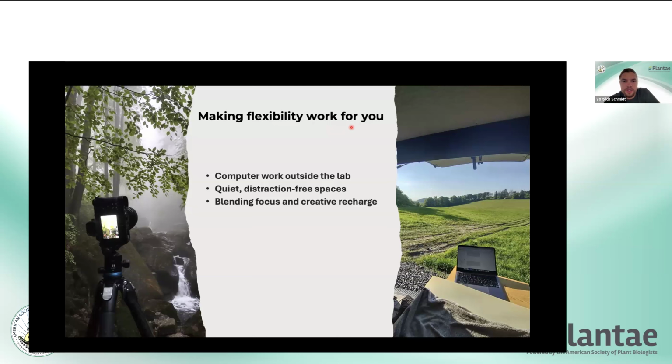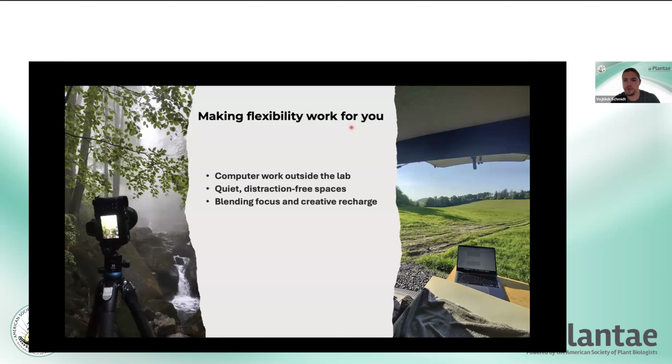So, for instance, when I was writing my thesis, what massively helped me is that I packed my stuff into my old car and went working outside, especially in the times where you are doing mostly computer work and you don't have to be physically present in the lab. I found that at home, I'm really not very productive.